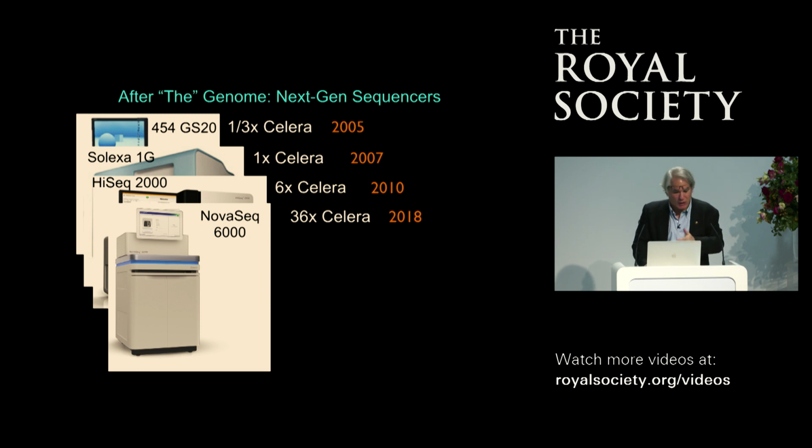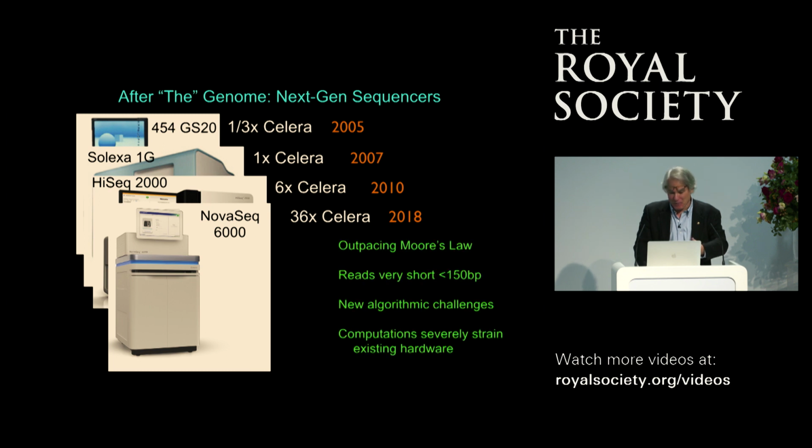But you can see that there was a huge increase. It went from one of these machines being 1/3 of the 300 machines at Celera to, in 2018, one of these machines being 36 times the throughput of the 300 machines we had at Celera. So the amount of data is outpacing Moore's law.